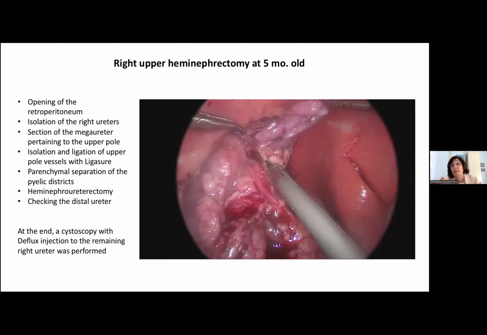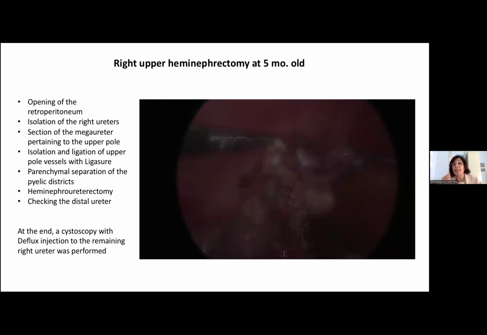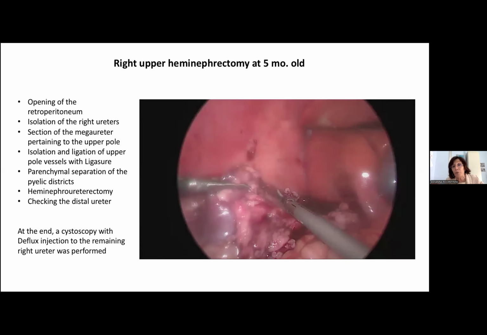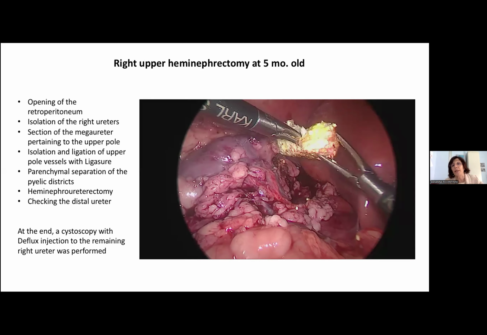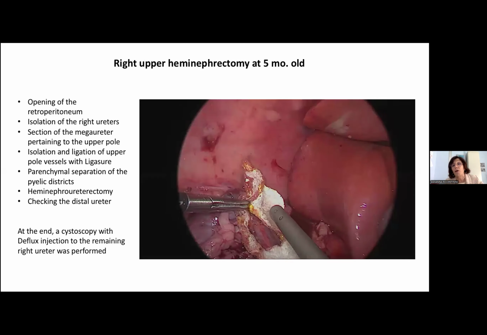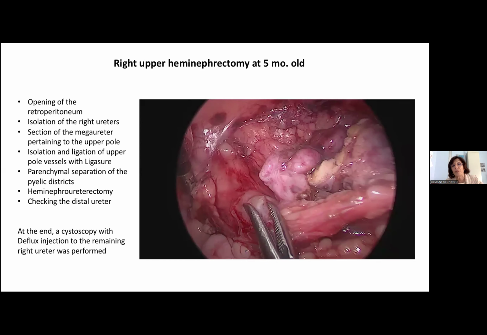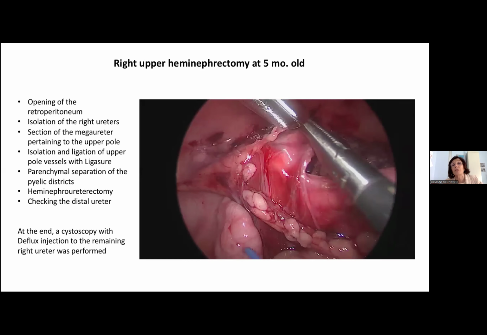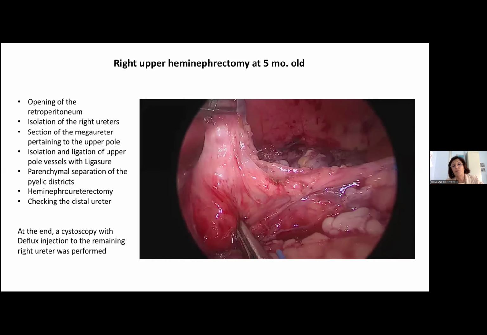Sometimes cutting the ureter can help you in identifying the vessels, especially if you're able to pass the ureter and the pelvis up over the vessels tributary to the lower moiety, as in this case. In this case, we put another kind of hemostatic agent. Then the ureter was completely dissected.